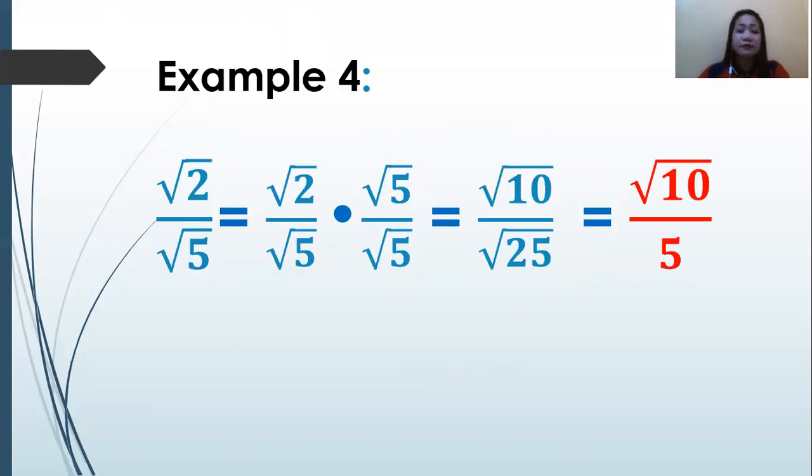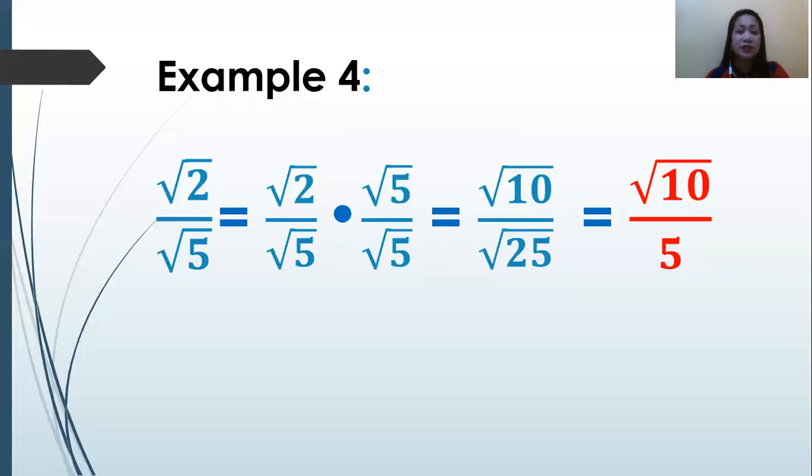Example number 4, we have the square root of 2 over 5, or the square root of 2 divided by 5. In this case, it is a simple rationalizing of the denominator. We are going to multiply by the square root of 5 over the square root of 5.